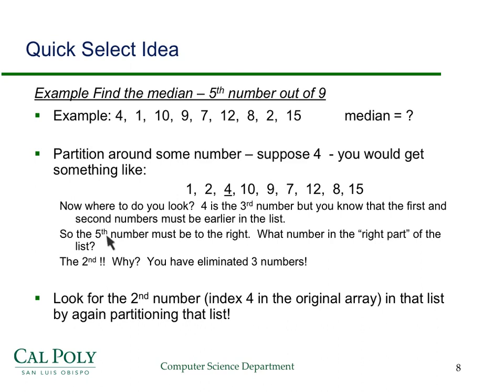In other words, the 5th number has to be on the right, and what number in the right part of the list? Well, the second number. So you've eliminated 3 numbers. So what we're going to do now is look in the back part of the partitioning for the second number, or actually our algorithm will look for the index 4 of the original array, again by partitioning that list.